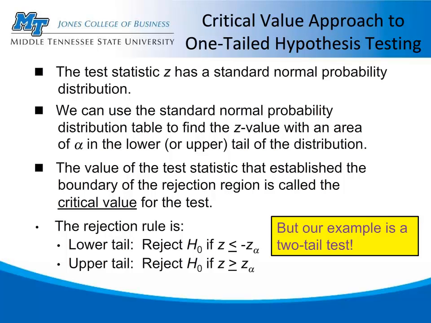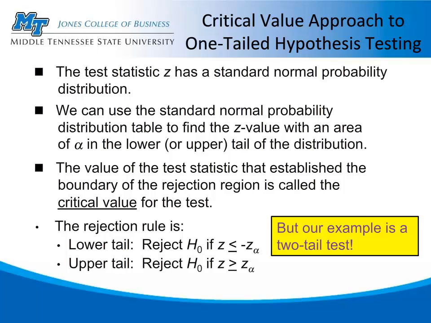In this example, our test statistic is a z. That's the standard normal probability distribution. Now, you take the level of significance and you put it into a tail if it's a one-tailed test. If it's a lower tail test, you take alpha, the level of significance, and you put it on the left-hand side, the lower tail.